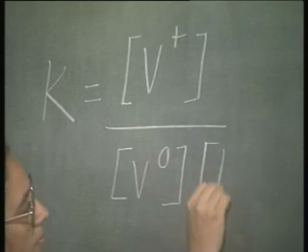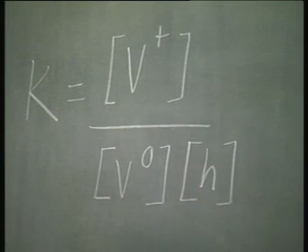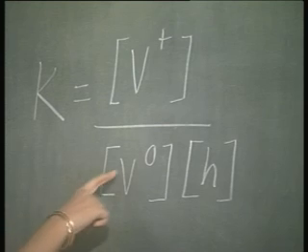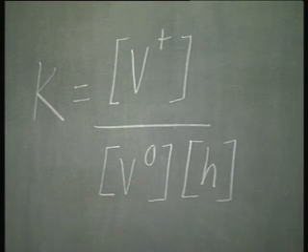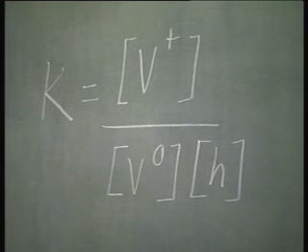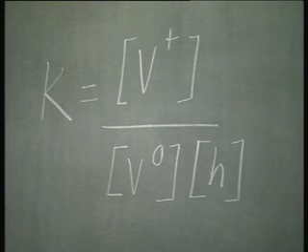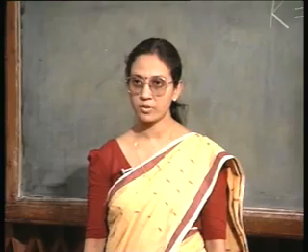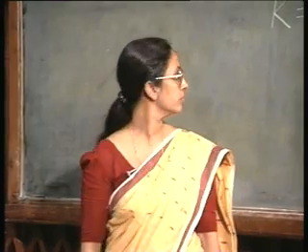Let me for the time being write it like this. The terms under the third bracket sign are the holes. Okay. This is how you write the mass transfer coefficient from the equation, isn't it?